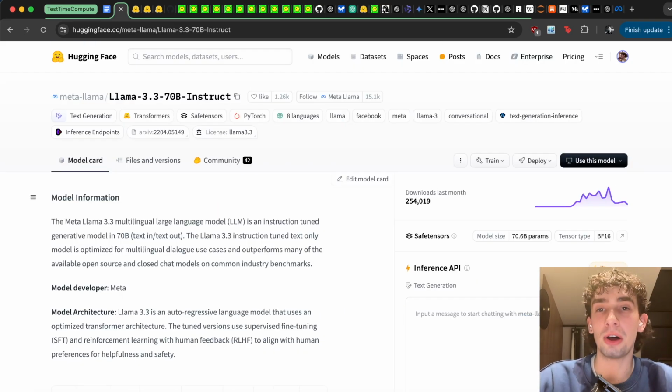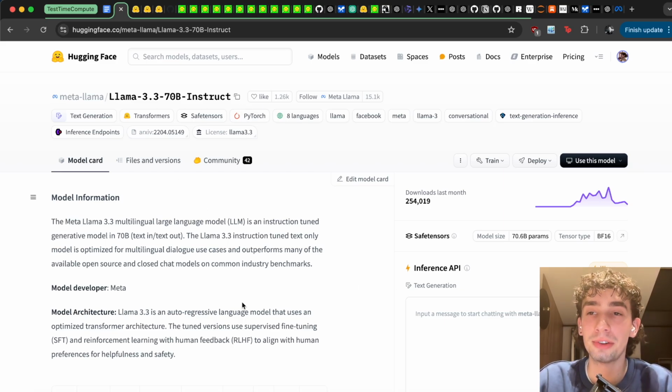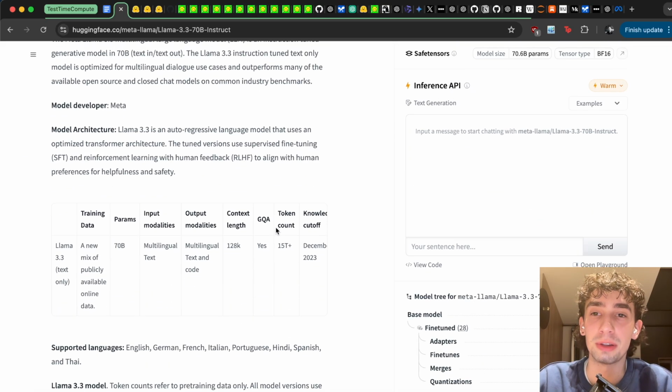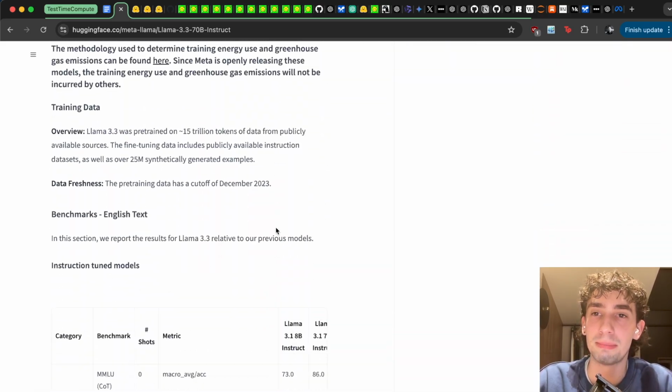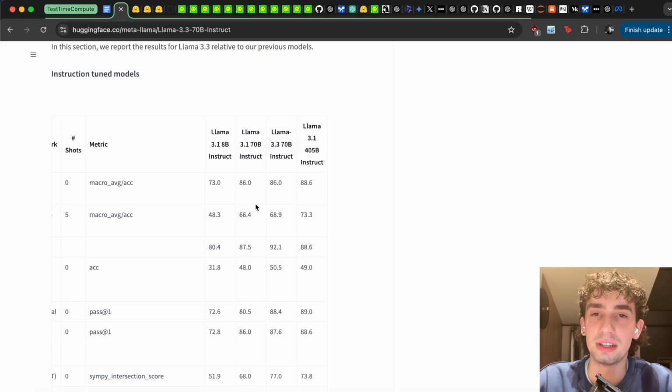And training smaller models on higher quality data has been very successful. We've certainly seen Meta take this up with their Llama models. Their most recent 3.3 70B Instruct has been outperforming, if not on par with, even their 405 billion parameter model.